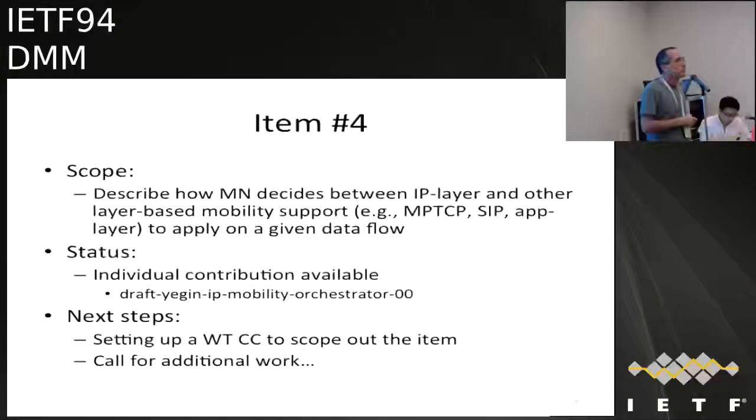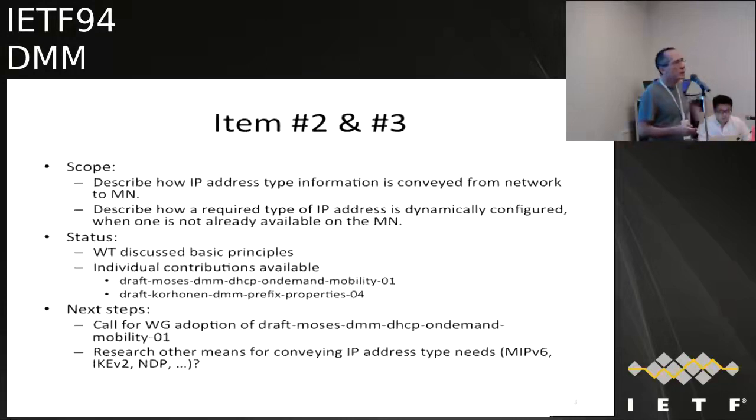So one comment. On the previous slide, Yoni's draft is covering the NDP. Your last topic, right? Other means for conveying IP address type needs, right? So MIPv6, IQ to NDP, right? So the draft Yoni is covering is the NDP case. And IQ we thought about it, but we never got a chance to publish that.